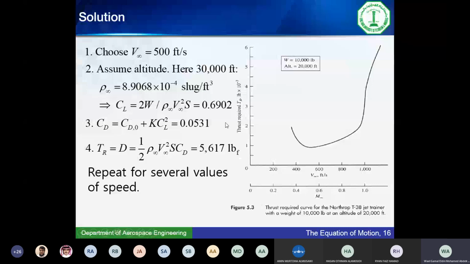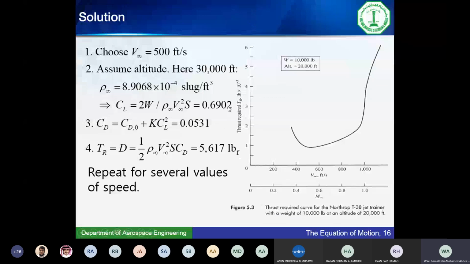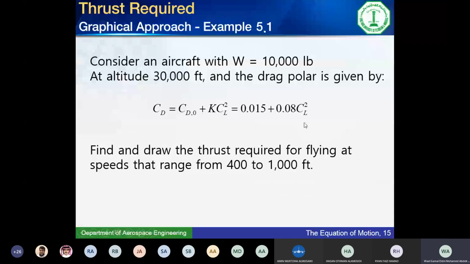So we have V, we will calculate CL, since we know rho, S, and V, then we are going to have CL. I'm going to put CL in the drag polar, which is 0.015 plus 0.08 CL squared, so I will get the CD. So we have CD.